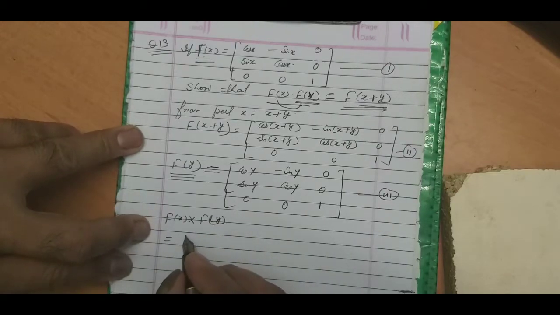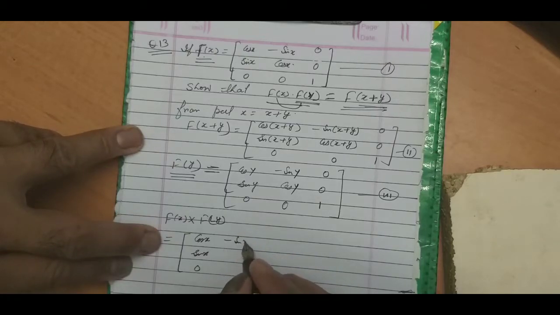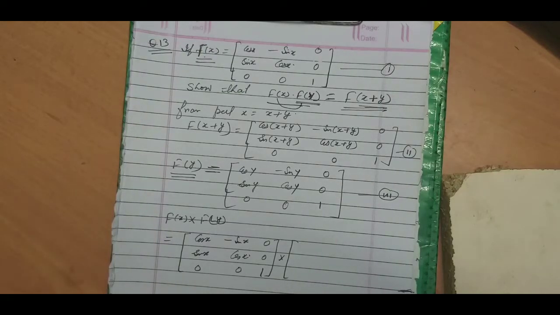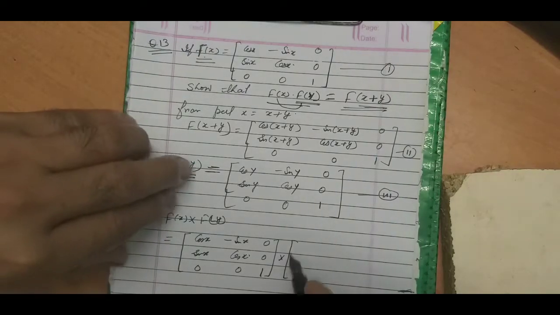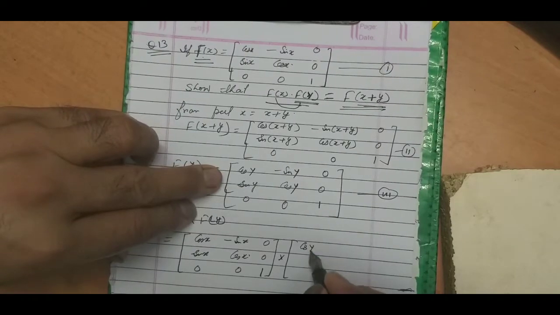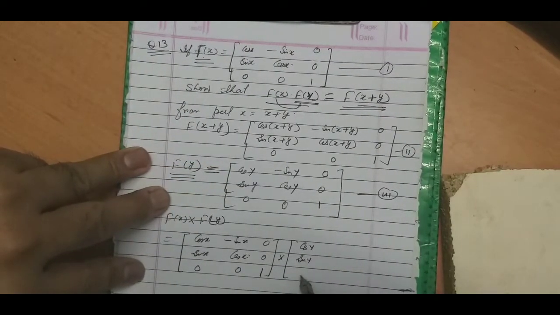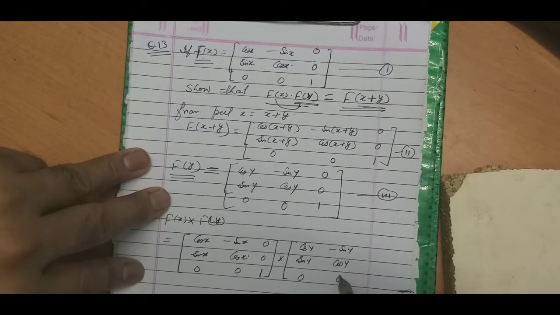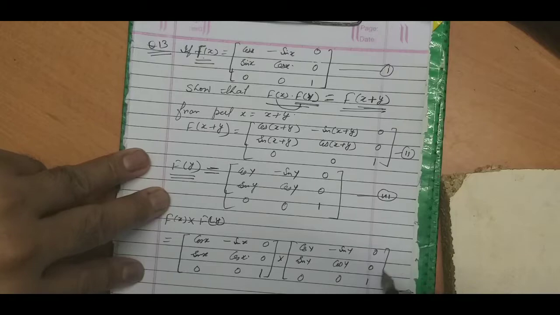This is equal to the first matrix cos x, sin x, 0, minus sin x, cos x, 0, 0, 0, 1, and then the second matrix cos y, sin y, 0, minus sin y, cos y, 0, 0, 0, 1.